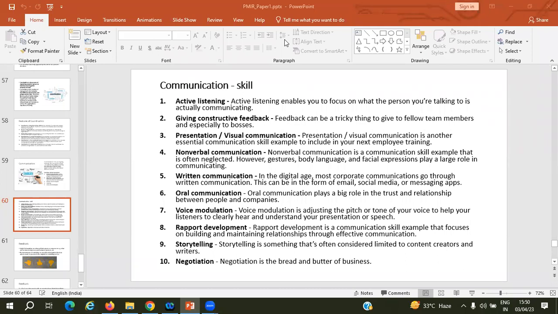So all these things you have to understand as part of storytelling.